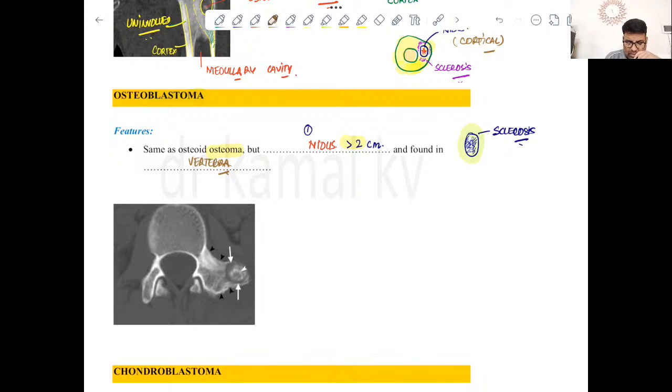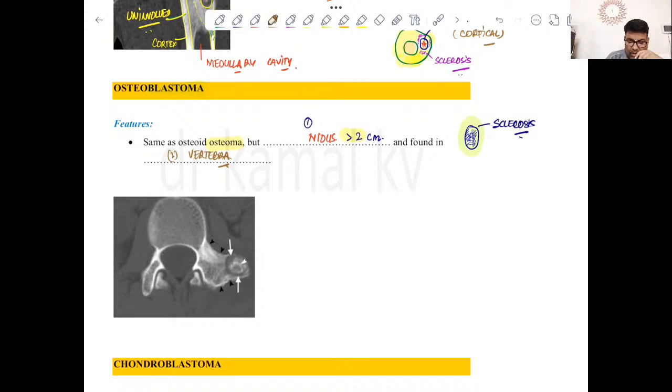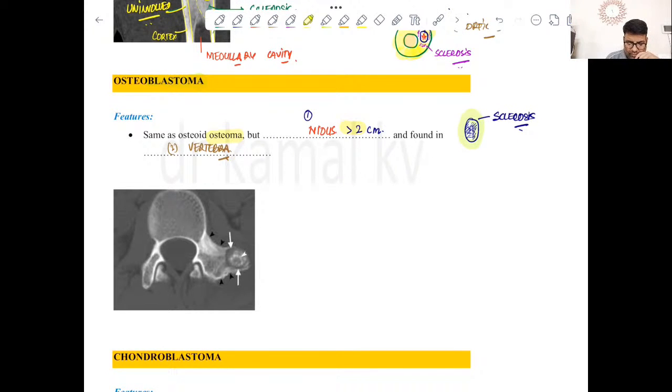So there are two classical differences. One is in terms of size and another is in terms of location. And I think it's very easy to identify the vertebra. This is the vertebral body, clear? This is the canal for the spinal cord. Then these are all transverse processes, and in the transverse process you can see a black cavity, okay?